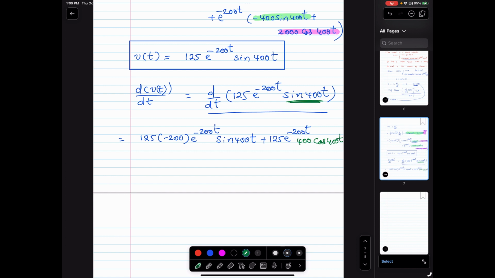We don't want to oversimplify this. We are interested in equating this to 0.